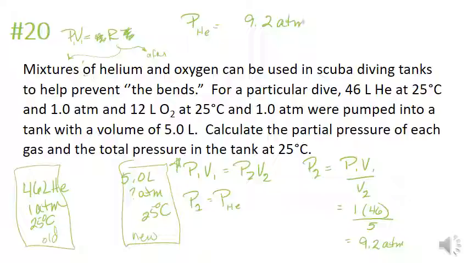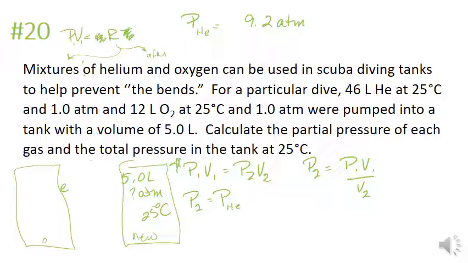Now let's tackle the O2, the oxygen. I think this way is a lot faster, but you have some problems on your homework where you do have to see some of the logic behind it.